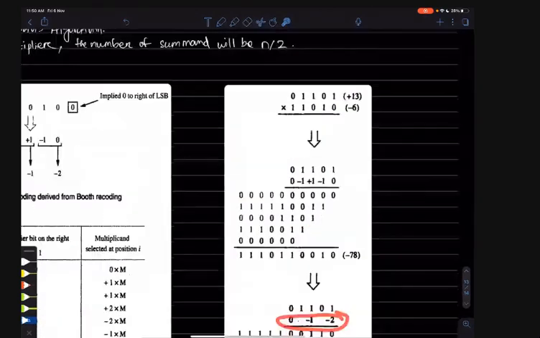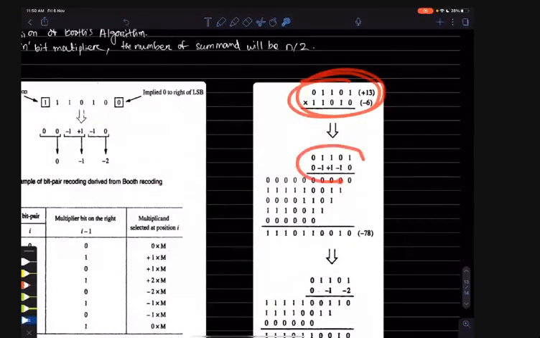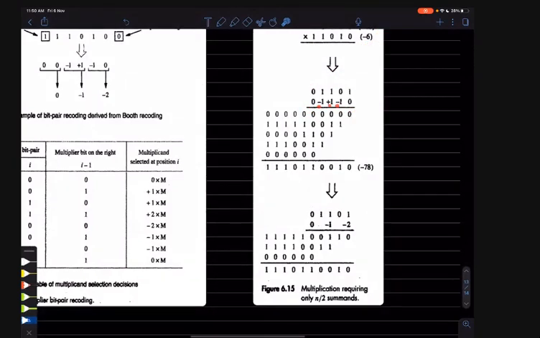If you want to multiply these two numbers using Booth's algorithm, you will have 3 addition operations, but in this case you will have only 2 addition operations and a 0 operation, meaning no operation. Only 3 partial products are generated here, whereas there 1 2 3 4 5 partial products are generated.